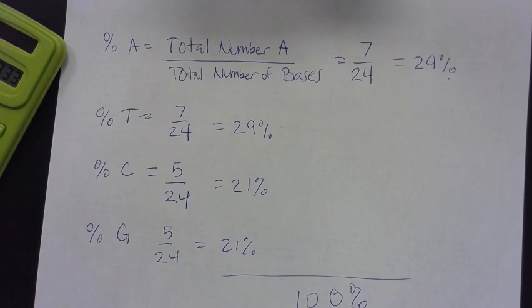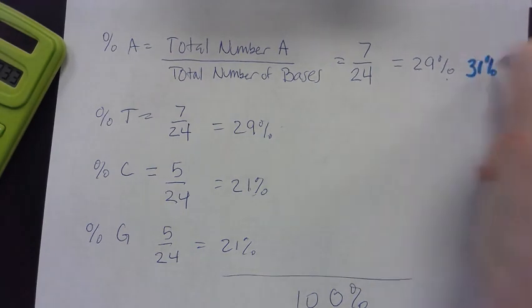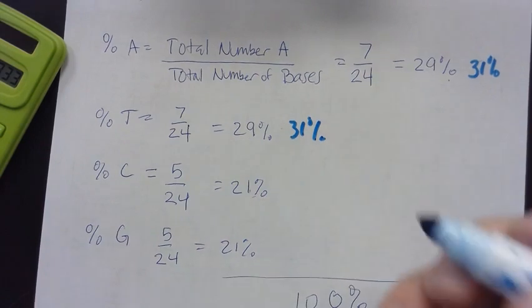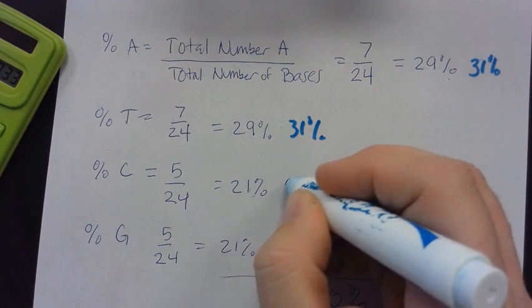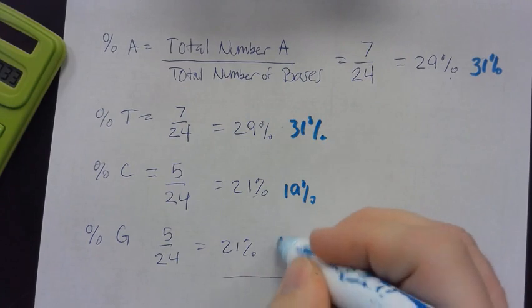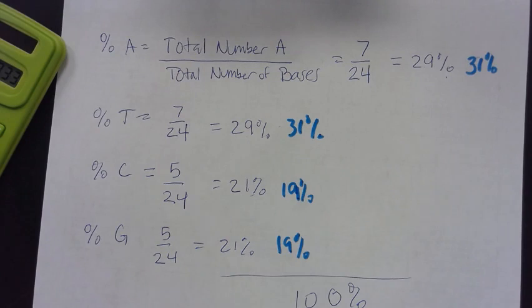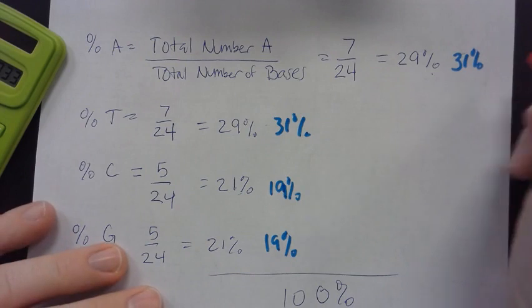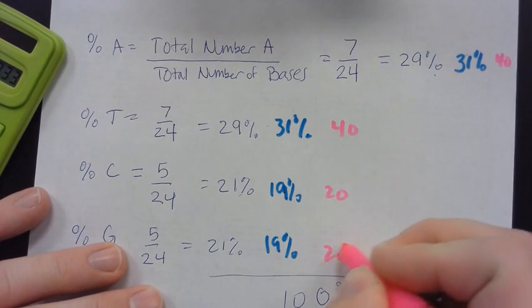And so if you have another species, let's say the next species had 31% and 31%, so that's 62, so that's 38, so 19 and 19. We see that for species 2. And then maybe for species 3, this one was 40%, 40%, 20%, 20%.